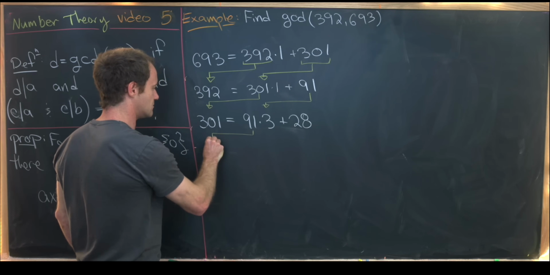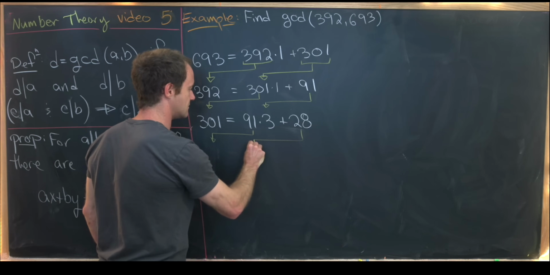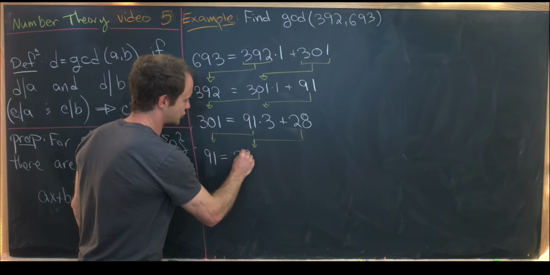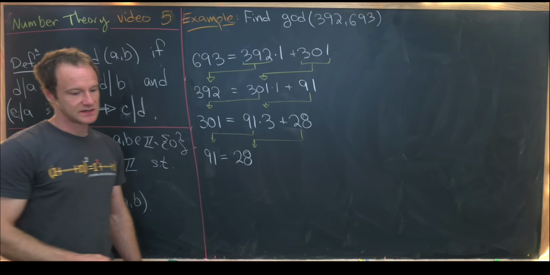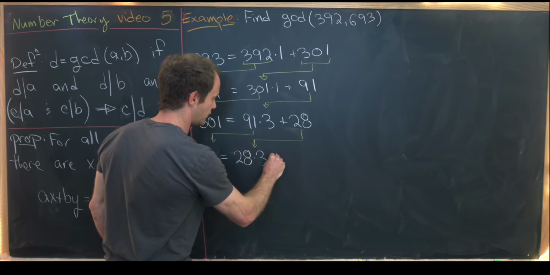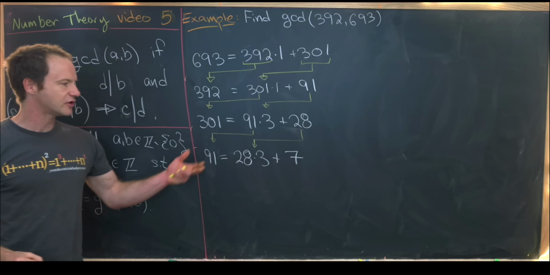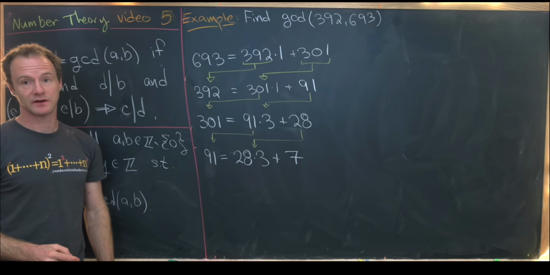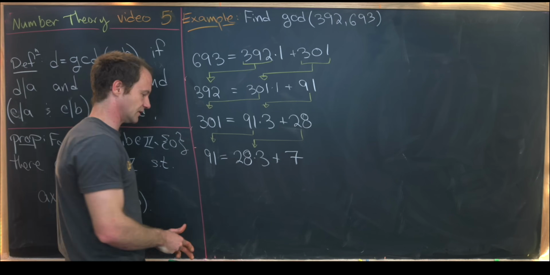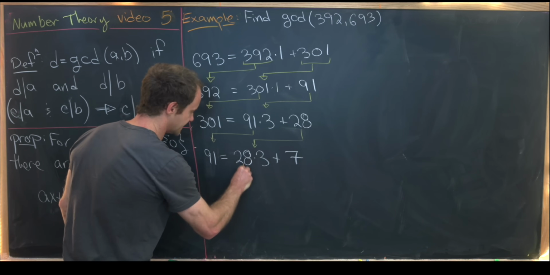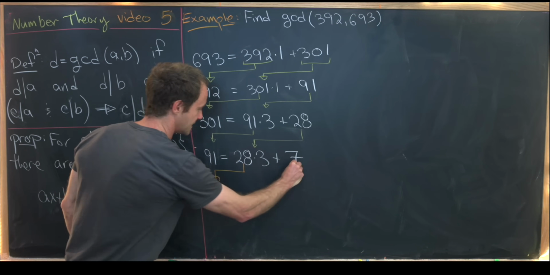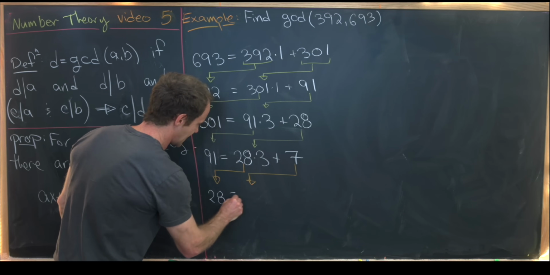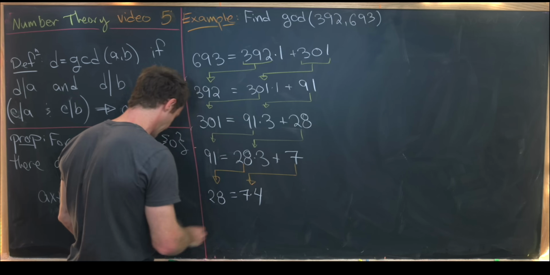So 91 moves over here, 28 moves over here, and we've got 91 is equal to 28 times 3 plus 7. Now you can already maybe see that this is going to be the last non-zero remainder, but let's just finish it off so that we know that. So I'm going to move this 28 over here, this 7 over here, and notice we can write 28 as 7 times 4.